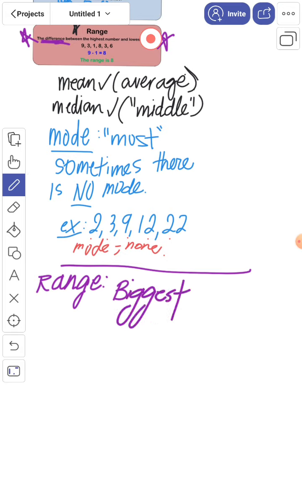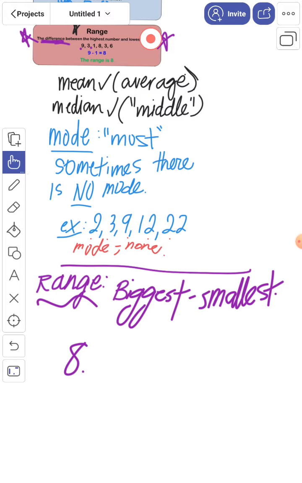That's literally it. So with that same set of numbers, the biggest number is 9 and the smallest number is 1, and so your range would be 8. It's really, really simple.